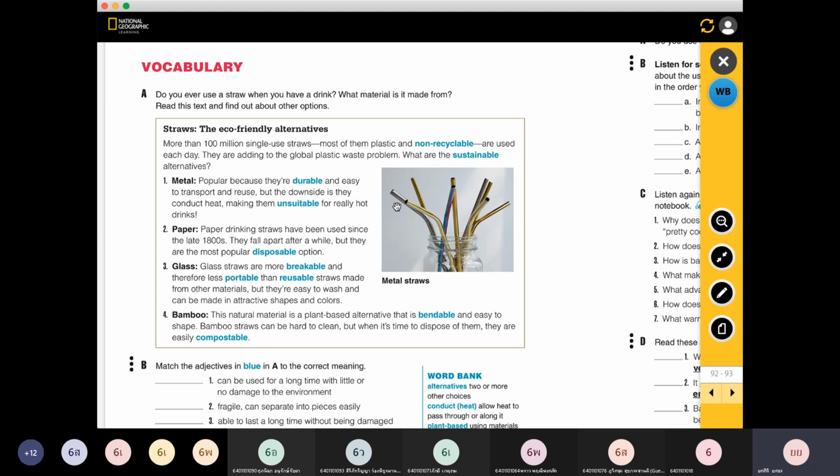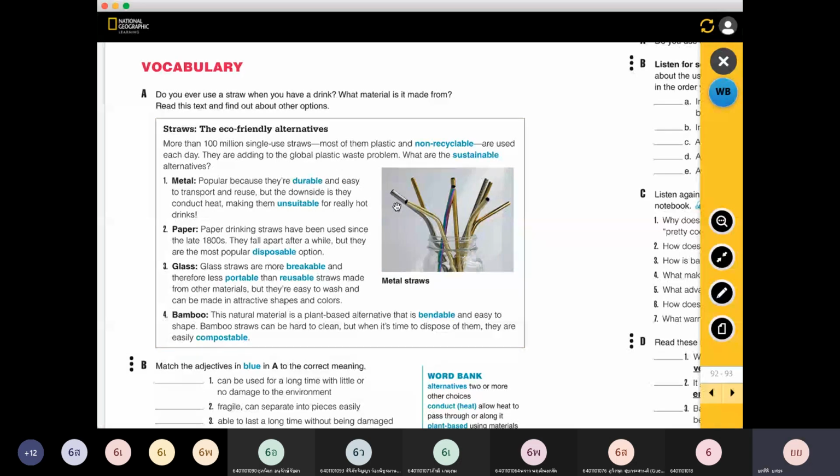If you choose to use these eco-friendly products or eco-friendly alternatives, as your friend mentioned, other alternatives such as fabric bags and metal containers instead of plastic, because we have learned that plastic can harm the environment and it's non-recyclable.